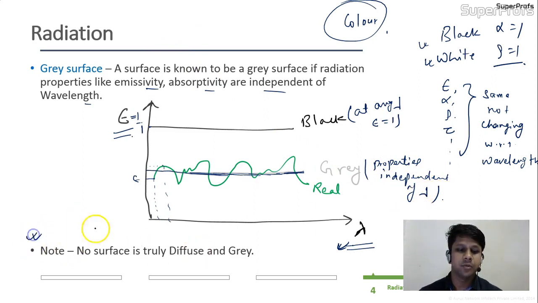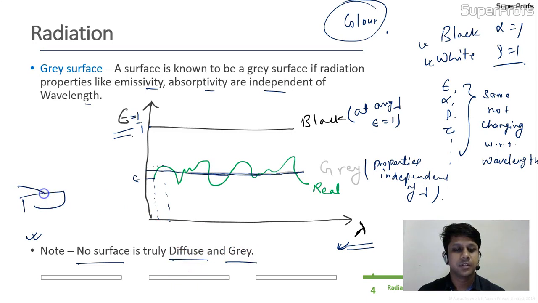But there is an important point. There is no surface which is truly diffuse or gray. In case of diffuse, what happens? The reflected rays have the same property in all directions.